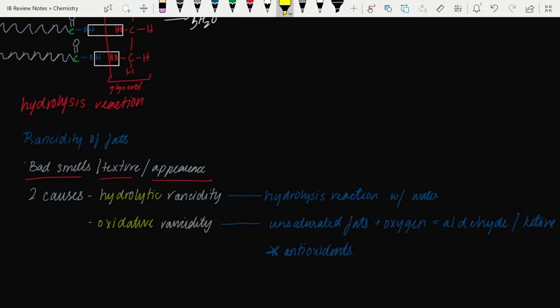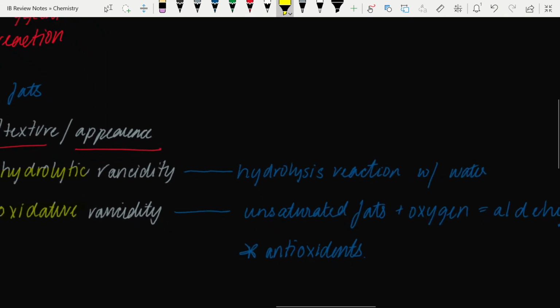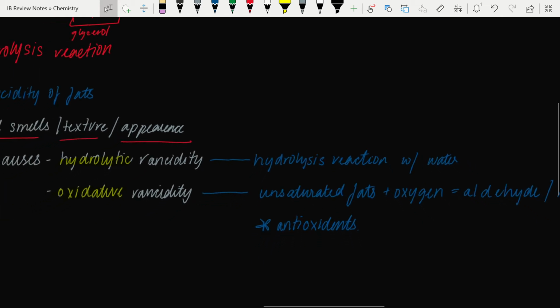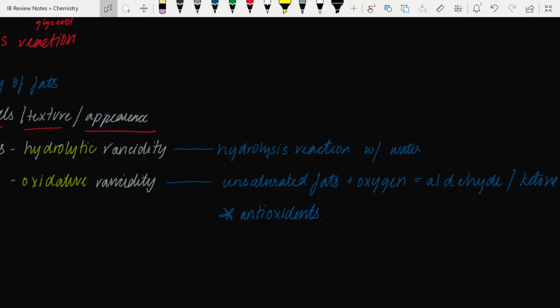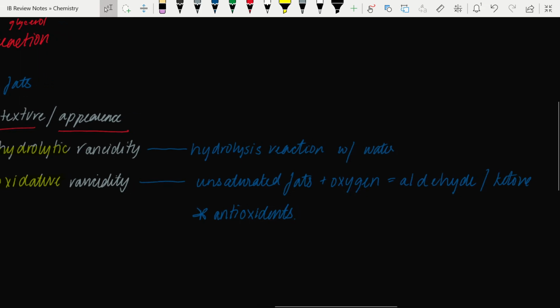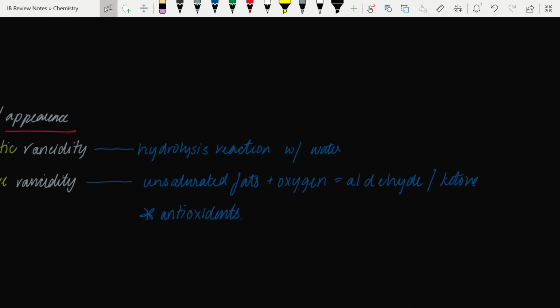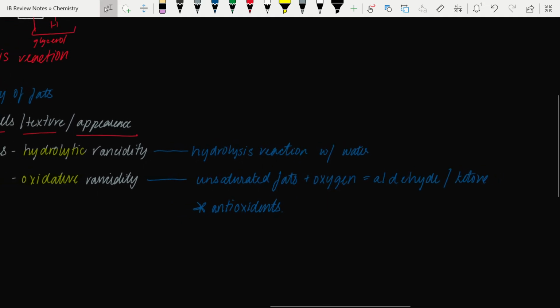So hydrolytic rancidity is a hydrolysis reaction with water, which we just discussed. Oxidative rancidity is unsaturated fats plus oxygen. It can't happen with saturated fats because saturated fats are a lot more stable than unsaturated fats because of that double bond.